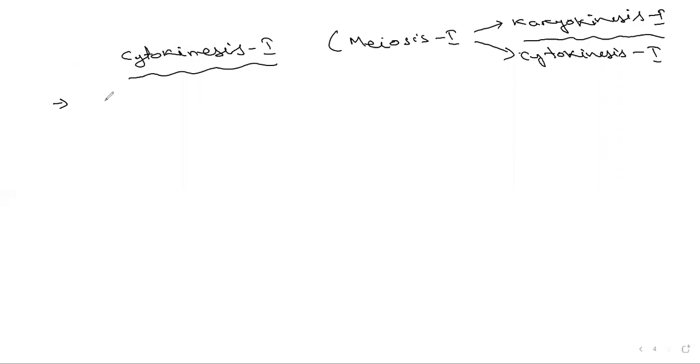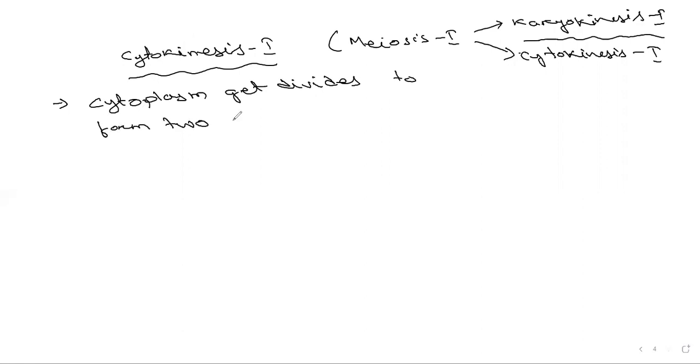The cytoplasmic contents will divide, and the cytoplasm will make two daughter cells. The cytoplasm gets divided to form two daughter cells. Suppose this is your animal cell.